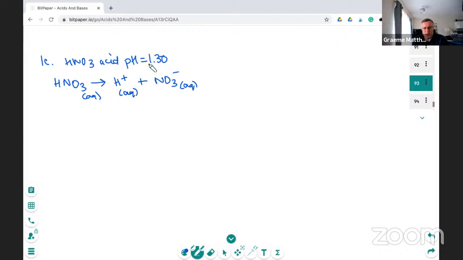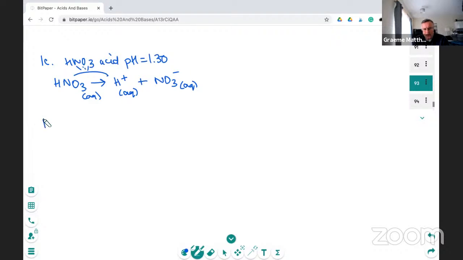So pH of 1.3, this is what I'm thinking. I always write down the equation here. It's a 1-to-1 correspondence. Okay, that's going to come in handy. Can I write 1-to-1 a little bit better than that? Maybe down below. Look, 1-to-1.